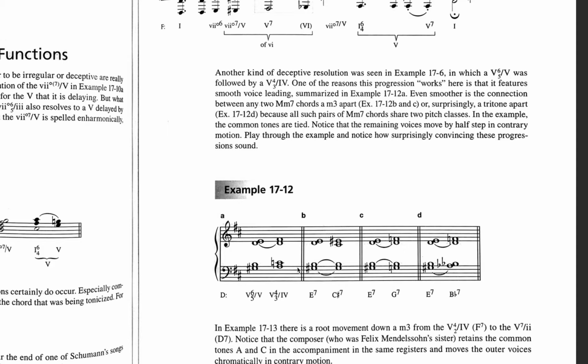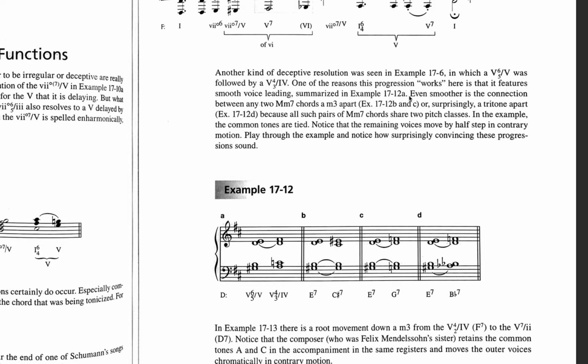Let's suppose that we're in D here. So this is 5 of 5. And instead of going to a 5, it's going to C sharp 7. And these will actually work very smoothly, because look, there are 2 voices that are the same, they just stay connected, and then these 2 just move chromatically.